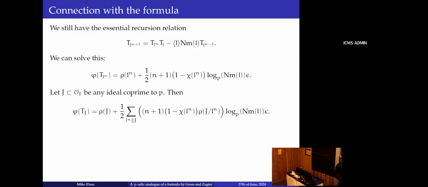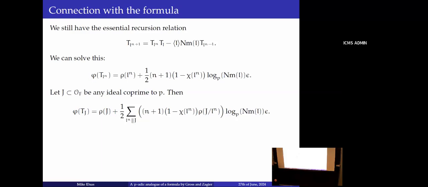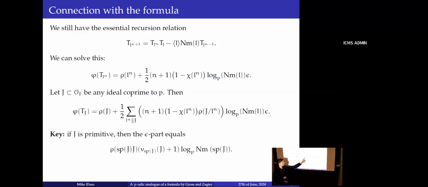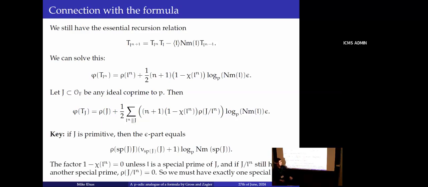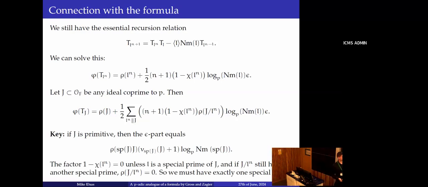Well, it turns out this sum is secretly not really a sum, because of this factor 1 minus chi_L to the n, the only primes that contribute to the sum at all must be the special primes. And if I have more than one special prime, then this quotient ideal will still have a special prime. And what I said in the beginning, having a special prime means your rho value is 0. That means that this guy is also 0.